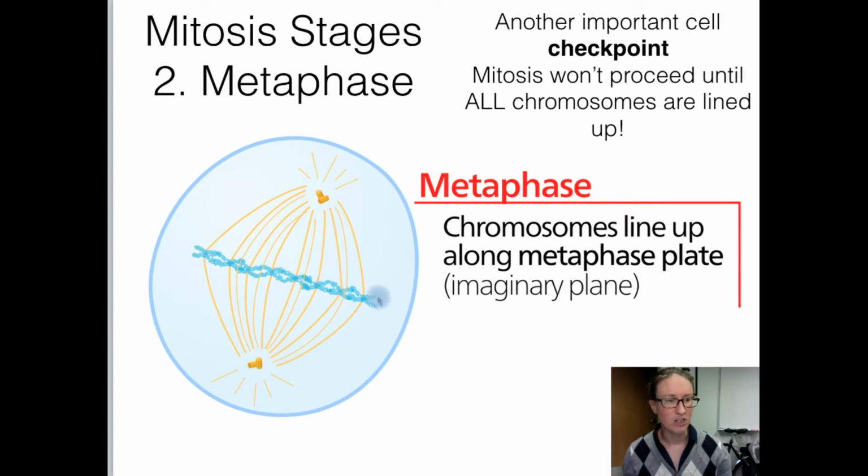So it's kind of an imaginary line here in the middle in between where those two new cells are going to form. And just a reminder, this was another of the cell checkpoints, right? So it might take this chromosome on the left a little bit longer to work to its place along the metaphase plate, and maybe this one got there earlier, but everyone's got to be lined up together before this process can proceed.